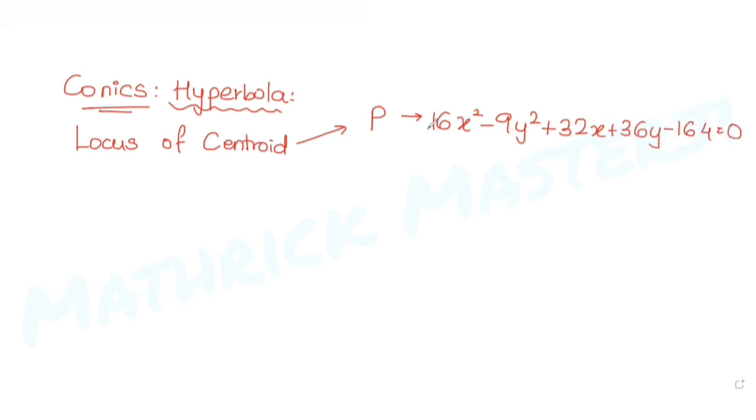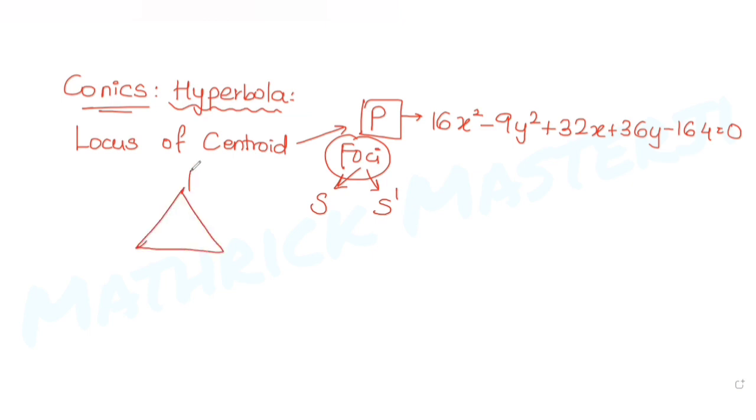This is the entire equation of the hyperbola, and the question is asking us to find the locus of the centroid, where P can be anywhere on the hyperbola, and the other 2 points of that triangle are the foci points. Let's say the two foci points are S and S dash. So we have to find the locus of the centroid of the triangle, where P is any point on the hyperbola and S and S dash are the foci points of that hyperbola.